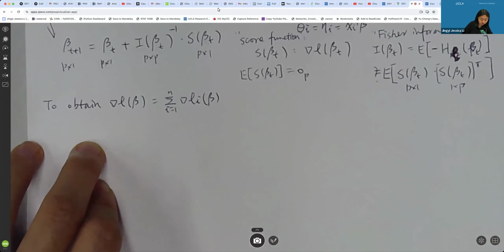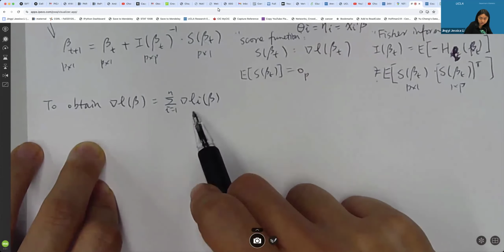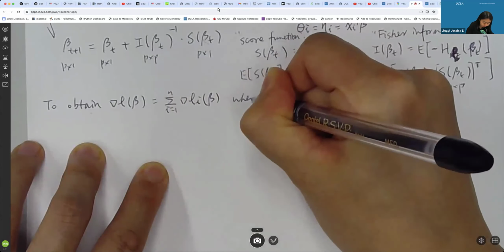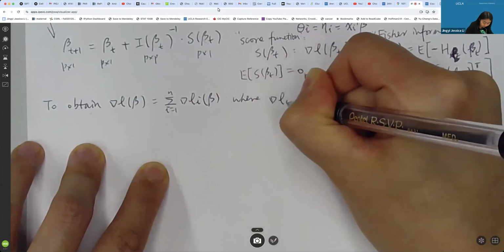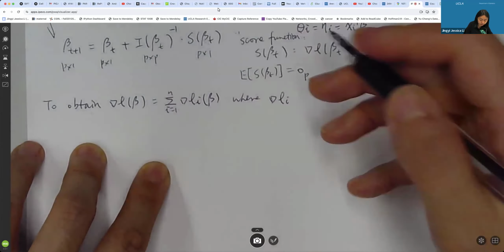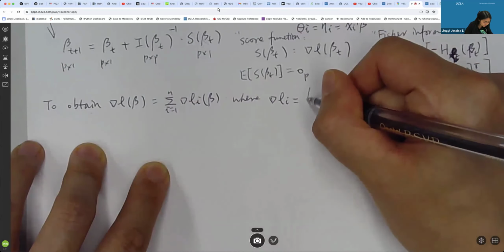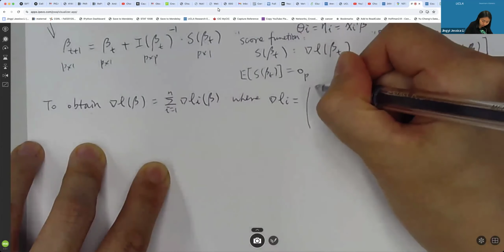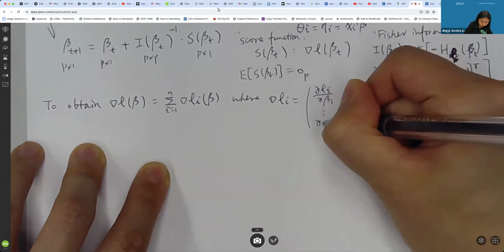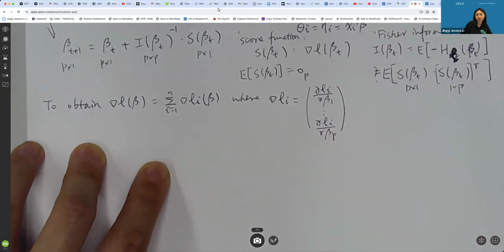For Li, the ith term, I just drop beta for notation simplicity, though I know it's a function of beta. It is defined as the column vector of partial Li partial beta 1 to partial Li partial beta p. It's a p-dimensional gradient vector.